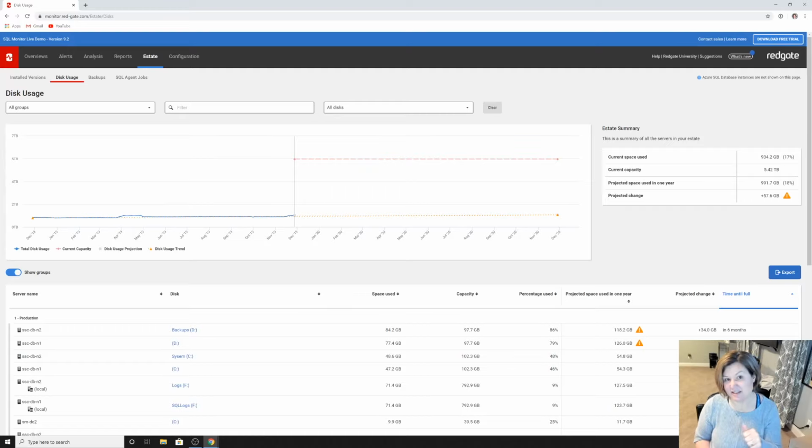Are there indexes that can dramatically reduce the CPU usage of the workload? By adding 1 or 2 indexes, I have taken SQL Servers that had 60% regular CPU and dropped it down to 10 to 15% average, which is a very healthy pattern of spiking up and then staying really low, periodically spiking up, not constantly elevated, because indexes have that much influence on the performance of a workload.